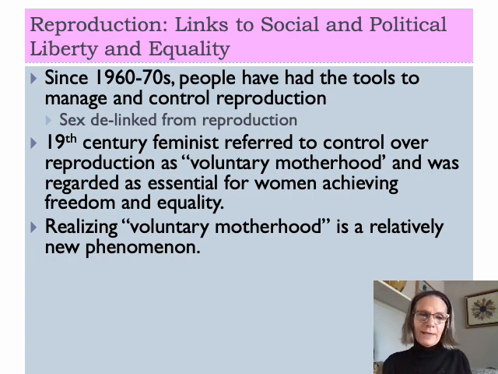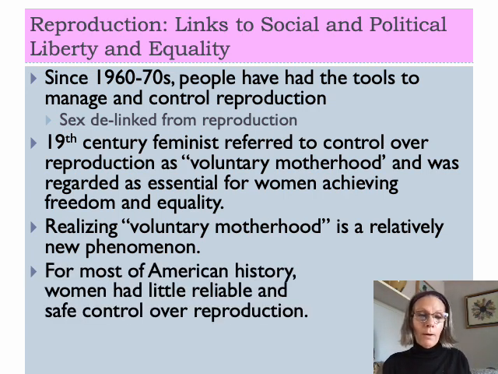This idea of voluntary motherhood has been around since the 1800s. But realizing voluntary motherhood, realizing this control over reproduction, is a relatively new phenomenon. For most of American history, at least prior to the 1960s, women and families had little reliable and safe control over reproduction.